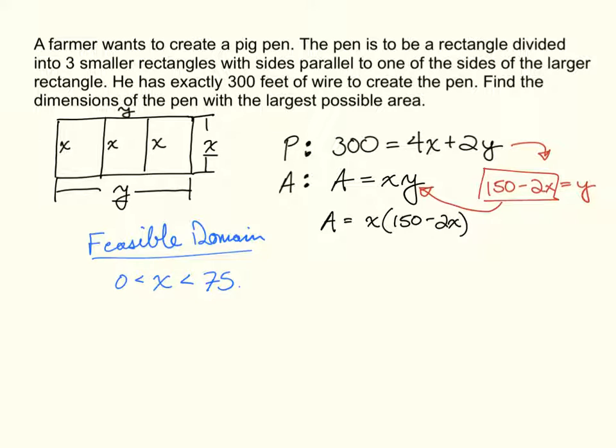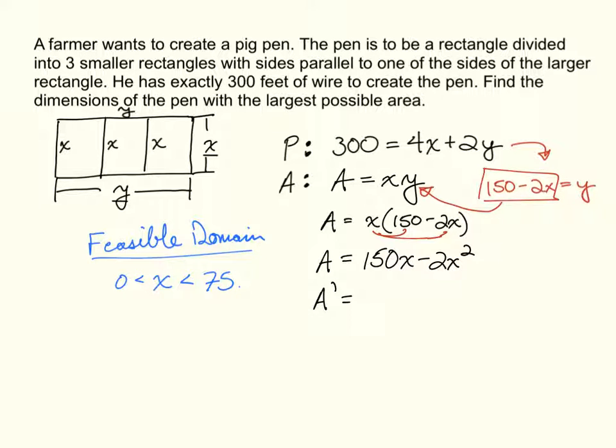Now that we have this, I want to simplify this area equation just a little bit more by distributing the x to each term inside the parentheses to get that A equals 150x minus 2x squared. Now that this is accomplished, we can find the derivative.